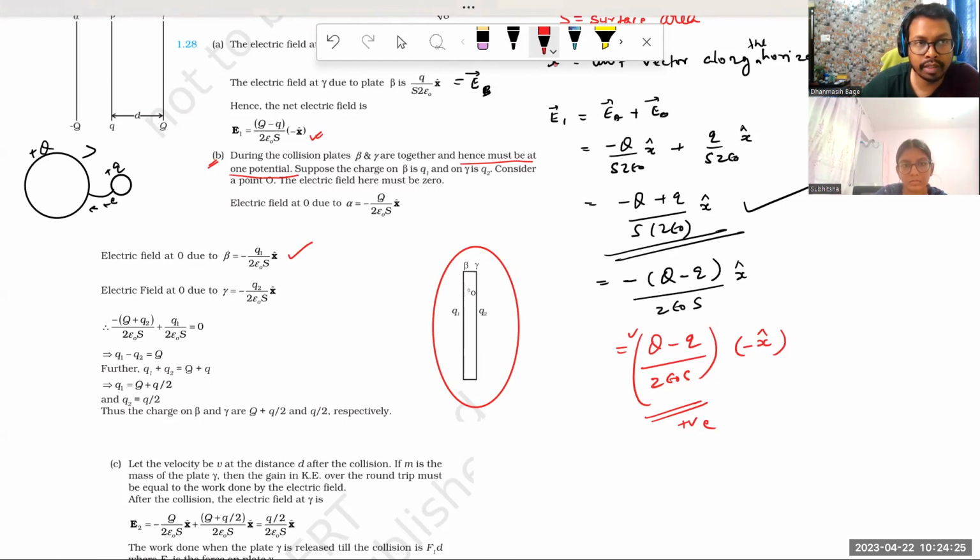And due to gamma it is also in the negative x direction, correct? And due to beta, Q1, it is in the positive x direction, correct?